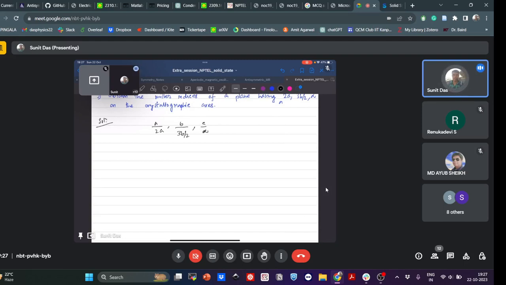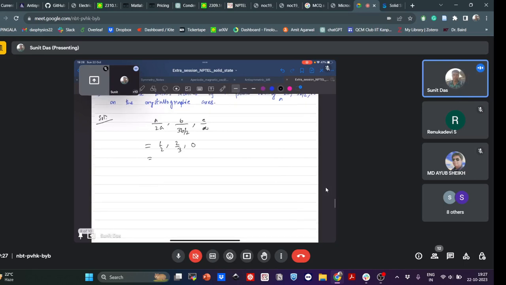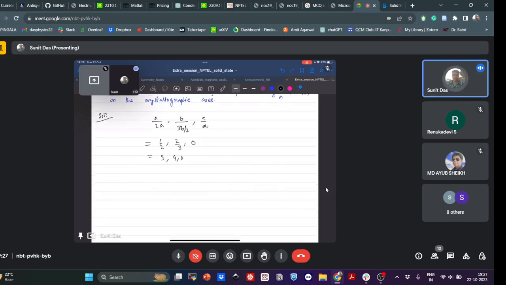Right, A, B, C are the lattice constants along the respective x, y, z directions, let's say. So this will come out to half, 2 by 3 and 0. So which is 340, right? So this is the Miller indices.